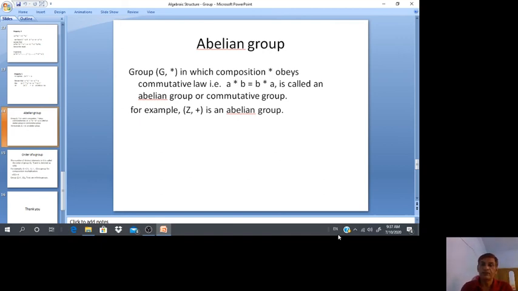If a composition is commutative, then we say that the group G is an abelian group or a commutative group. For example, we can take the set of integers for addition composition, which is a group. We see that addition composition is commutative in the set of integers, so it is an example of an abelian group.